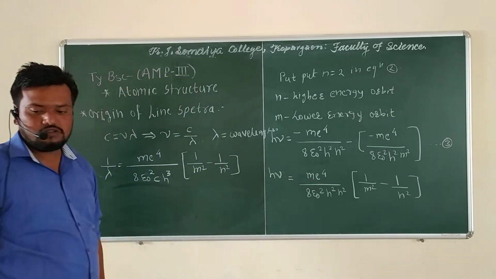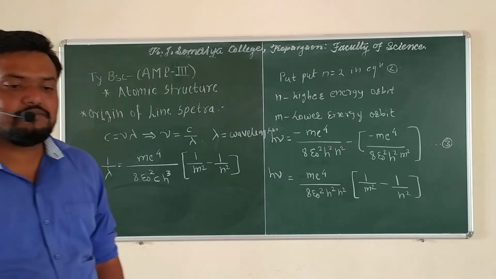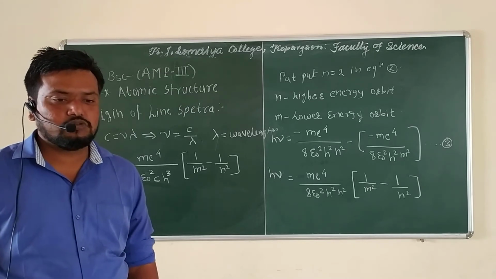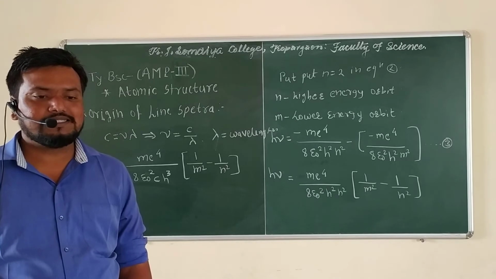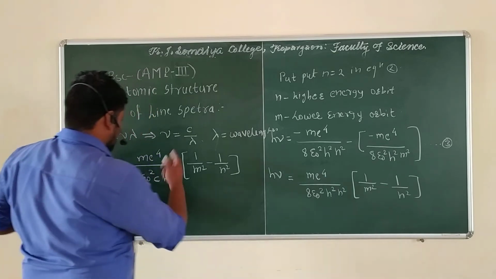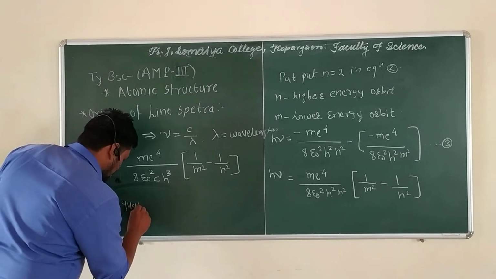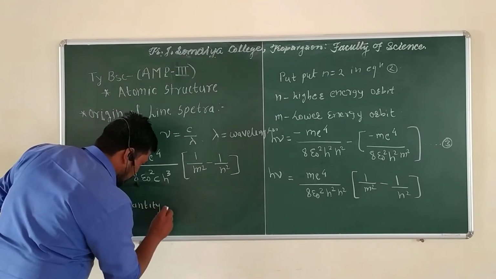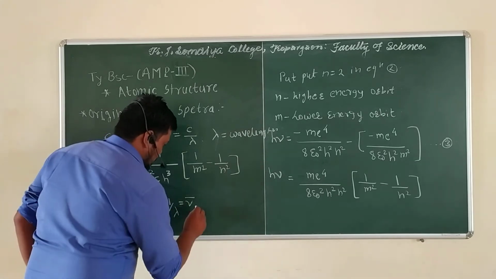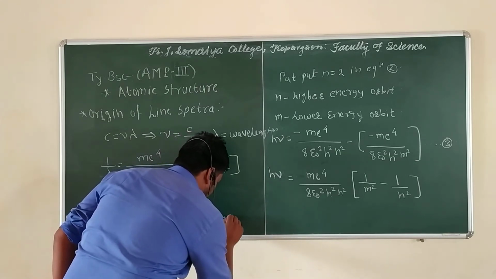Okay, so the factor m e to the power 4 divided by 8 epsilon naught square c h cube, and the quantity 1 by lambda is nothing but nu bar, and this nu bar is called the wave number.